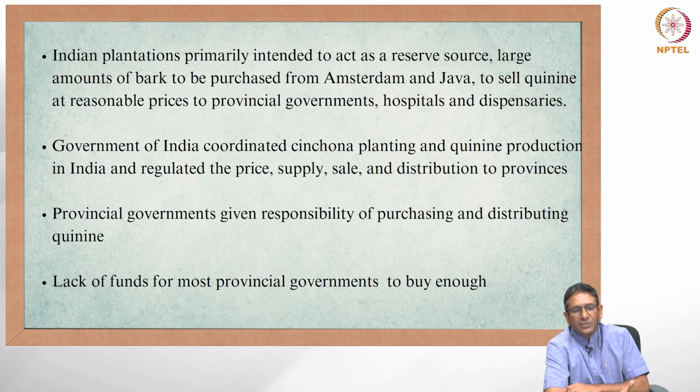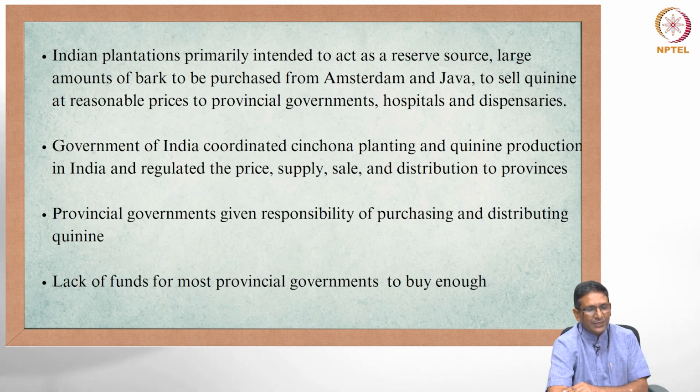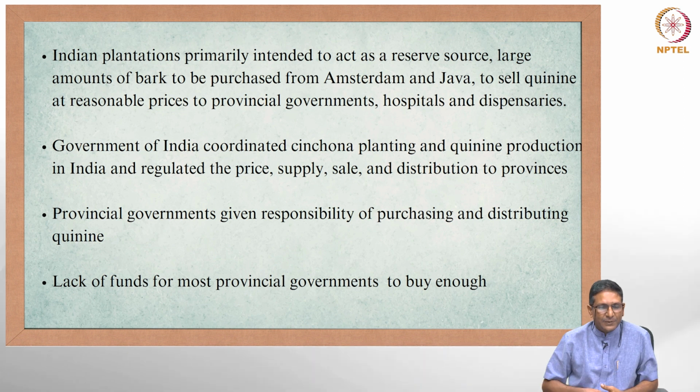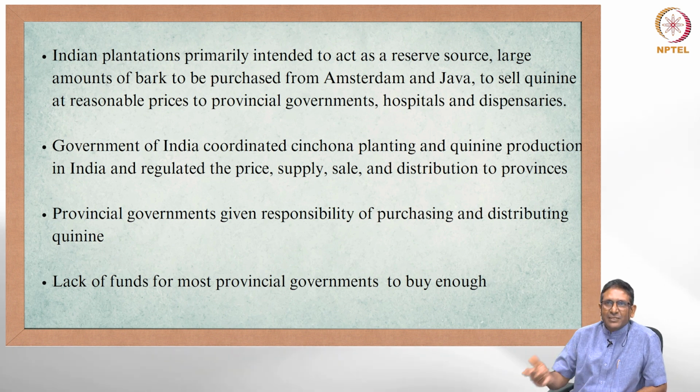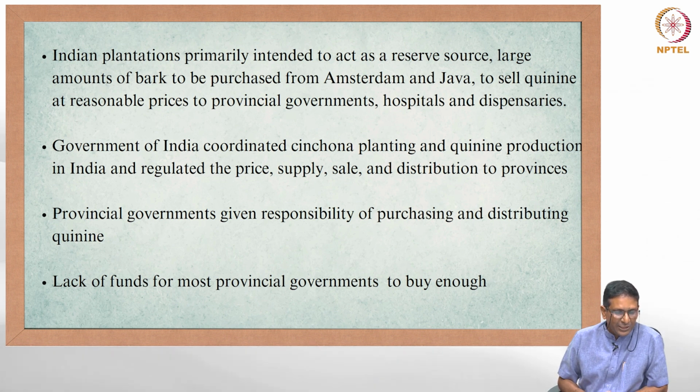And the government of India continued to coordinate the cinchona planting, the quinine production, the imports and the regulation of the price, the supply, sale, and also the distribution to provinces. The provincial governments were given the responsibility of purchasing and in turn distributing within the province the quinine that they acquired. But as always, funds become a problem.